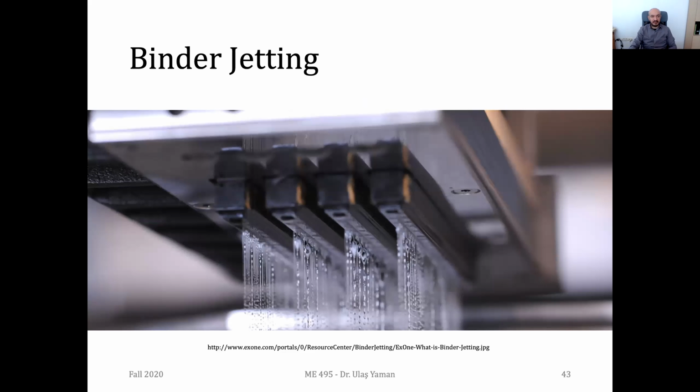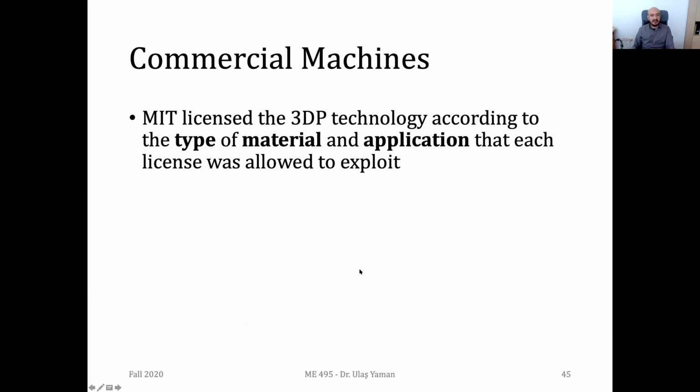This is an example of a binder jetting head. You see we have thousands of nozzles, and they are jetting probably some special binding agents. And we have some commercial products available in the market, and they all started with the patent of MIT.